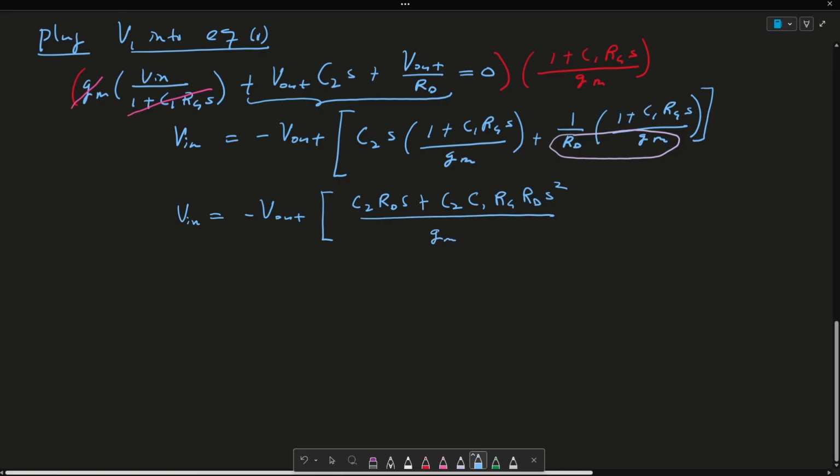And then I get my GMRD plus 1 plus C1 RGS over GMRD. So now I can write that, therefore, my V out over V in is equated to minus GMRD.